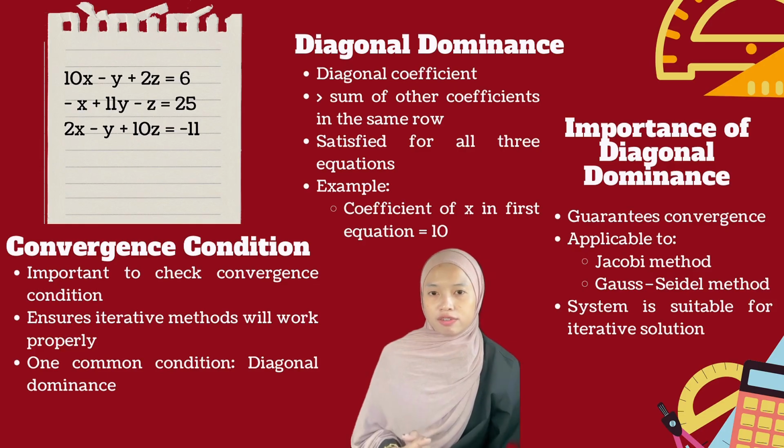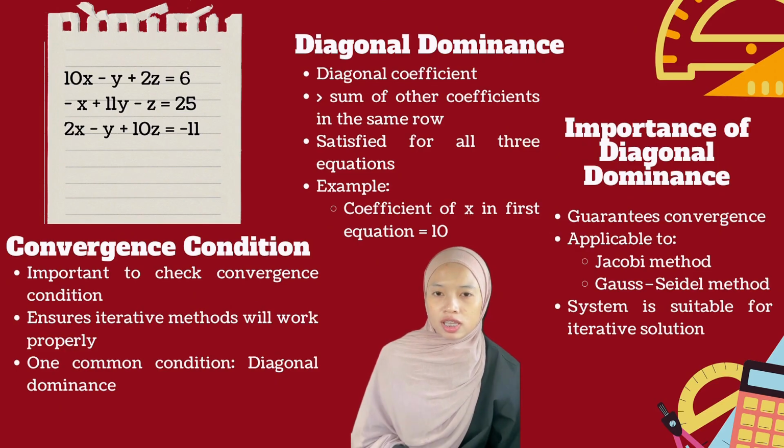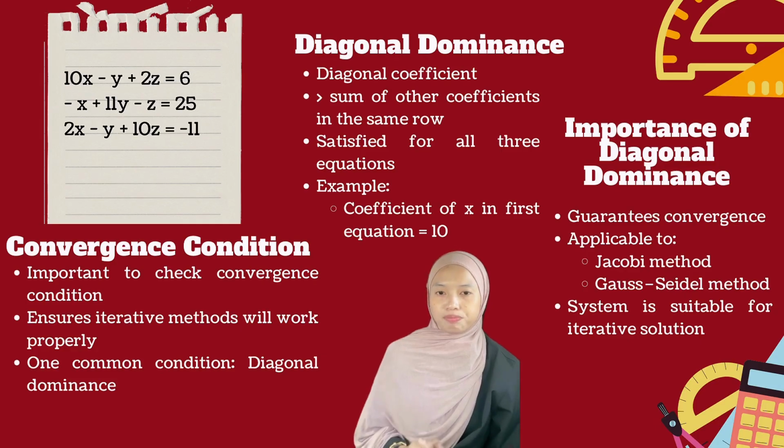For example, in the first equation, the coefficient of x is 10, which is greater than the sum of the other coefficients. Similarly, the second and third equations also satisfy this condition. Diagonal dominance is important because it guarantees the convergence of both the Jacobi and Gauss-Seidel methods. Therefore, this system is suitable for solving using iterative methods.